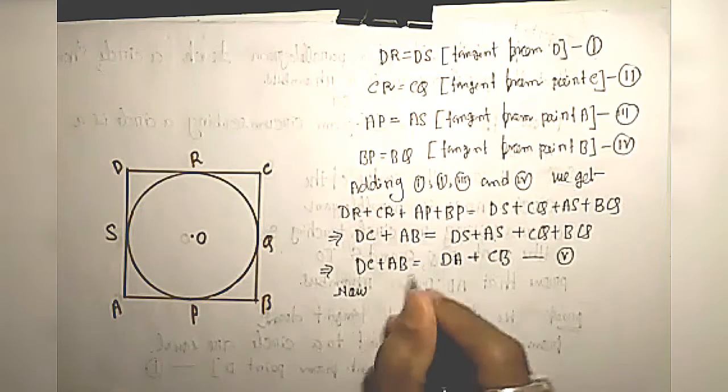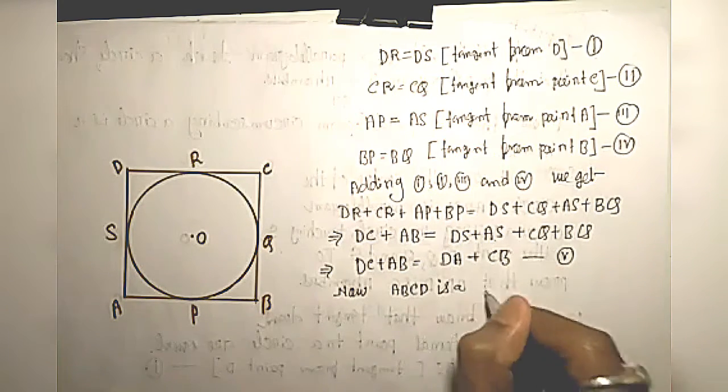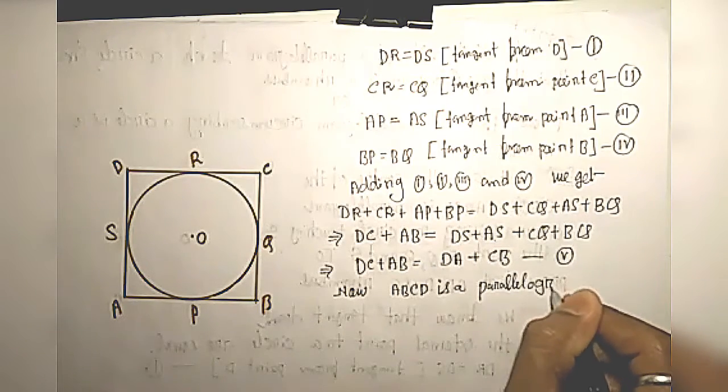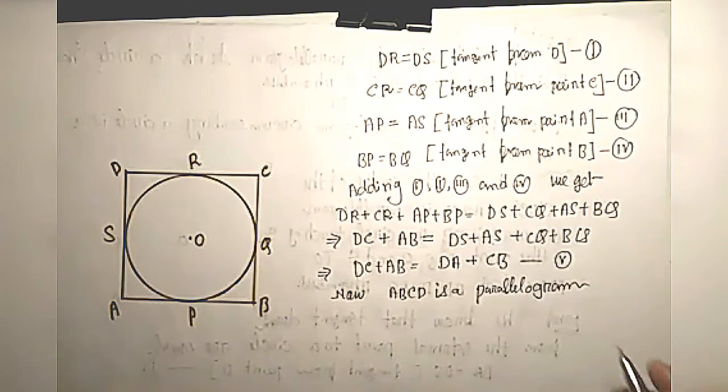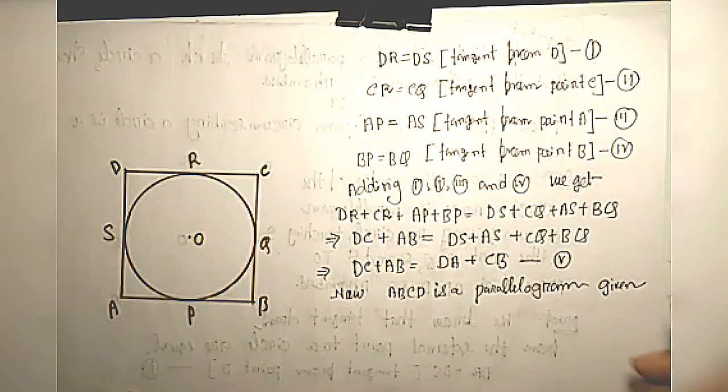After that, two more steps we need to write. Now ABCD is a parallelogram, as given. And we know that in a parallelogram opposite sides are equal in length.